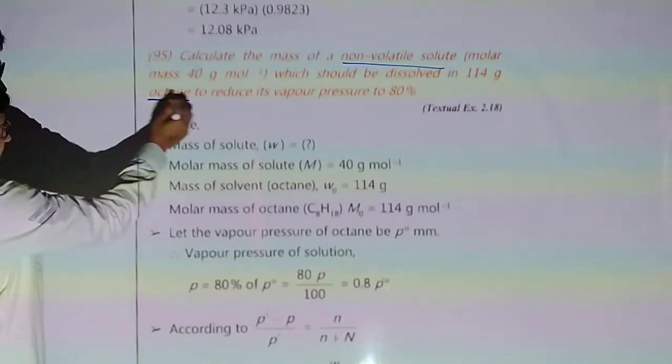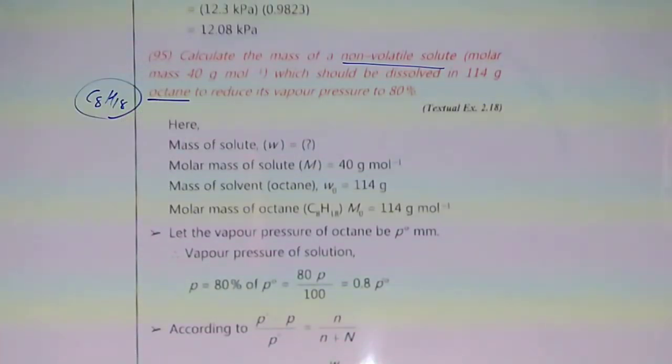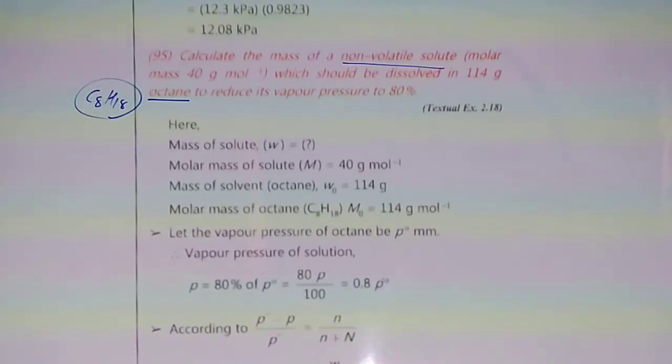Octane is here our solvent, to reduce its vapor pressure to 80%. 80% is reduced, decreasing in vapor pressure. Now, mass of solute we have to define.